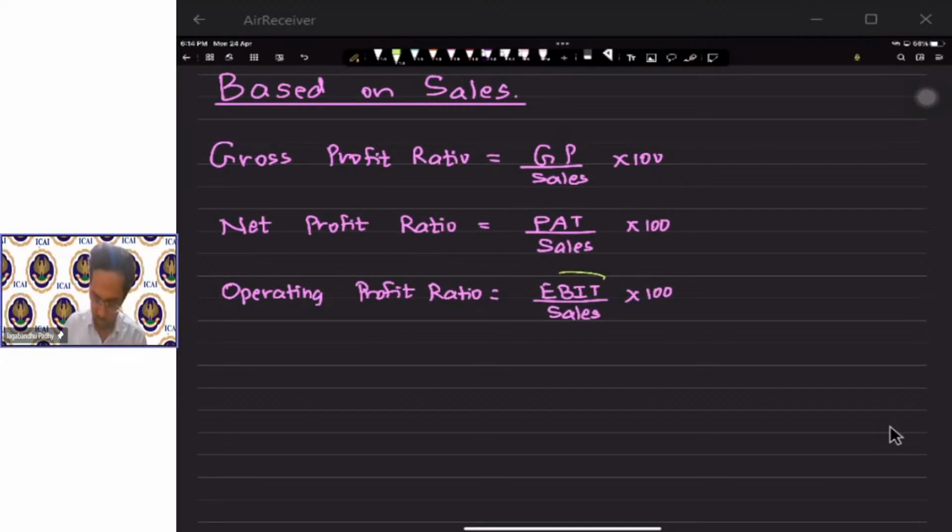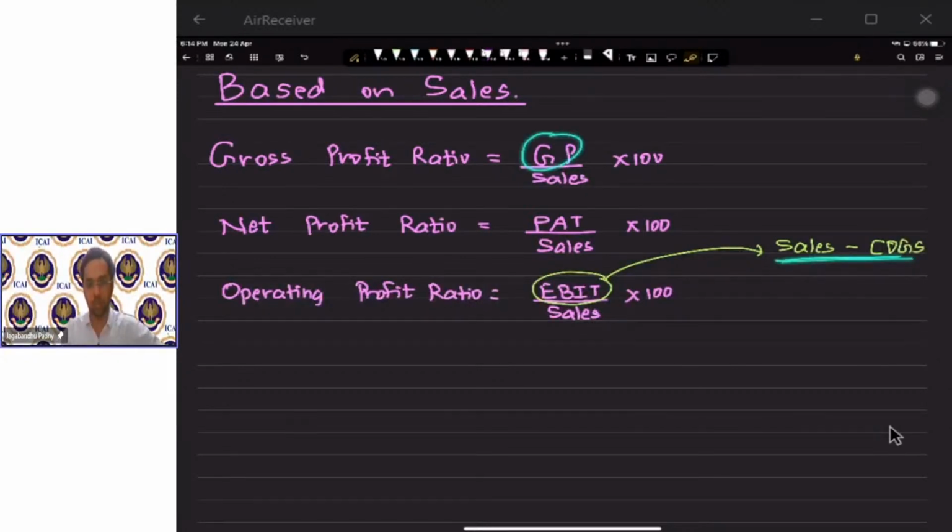This EBIT figure, since it's an operating profit, that's actually computed as sales. From that, you reduce your COGS, right? Now, sales minus COGS, this gives you the gross profit.